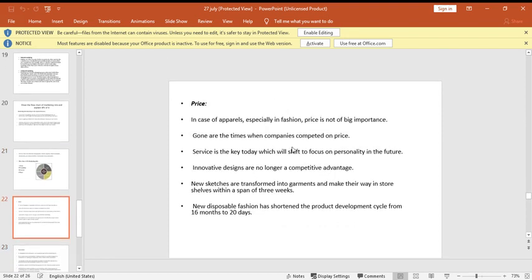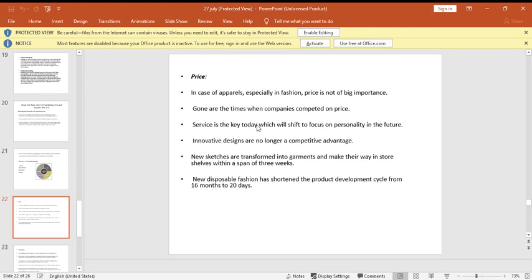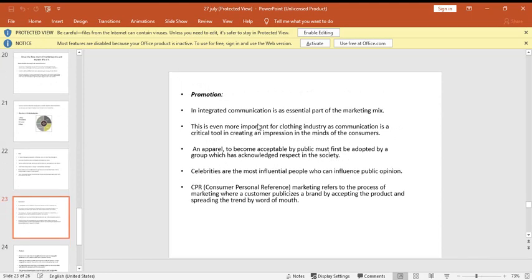Before that, about price: depending upon the price, the customers are going to buy, and the price will change depending upon the area and the country also. And coming to promotion, integrated promotion is an essential part of the marketing mix.